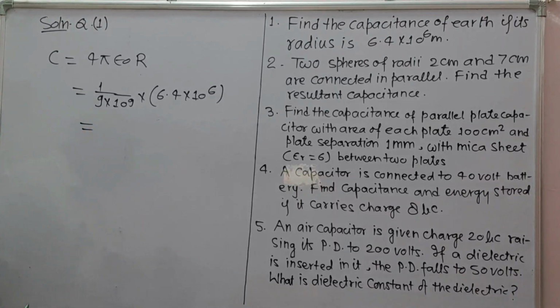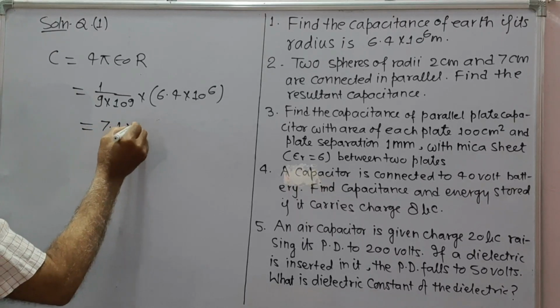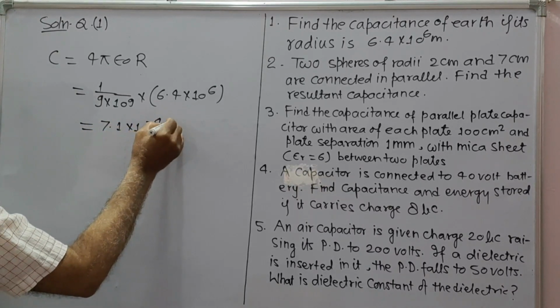So we get C as 7.1 into 10 to minus 4 farad.